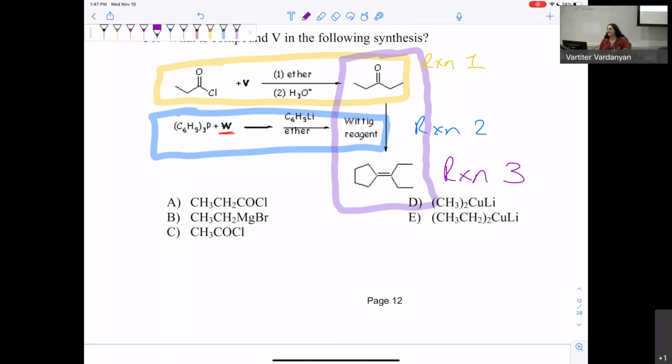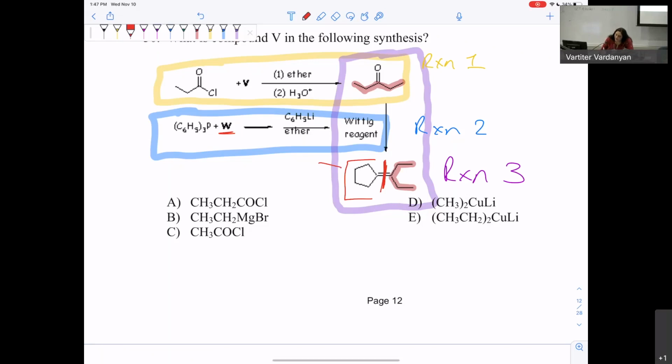And the way we would go about this is, in this one, he actually gives you the carbonyl that we used. So he's saying that if we see something like this, that's from the carbonyl. So that means this half was from the carbonyl. So we have to cut this guy in half. And we know that this part comes from the ylide.